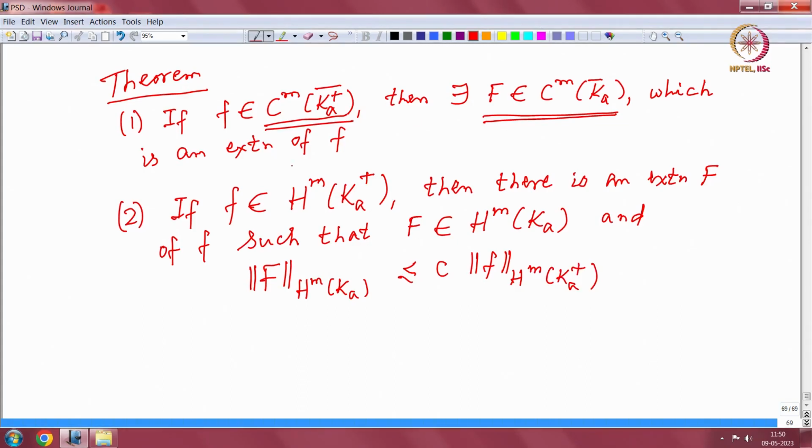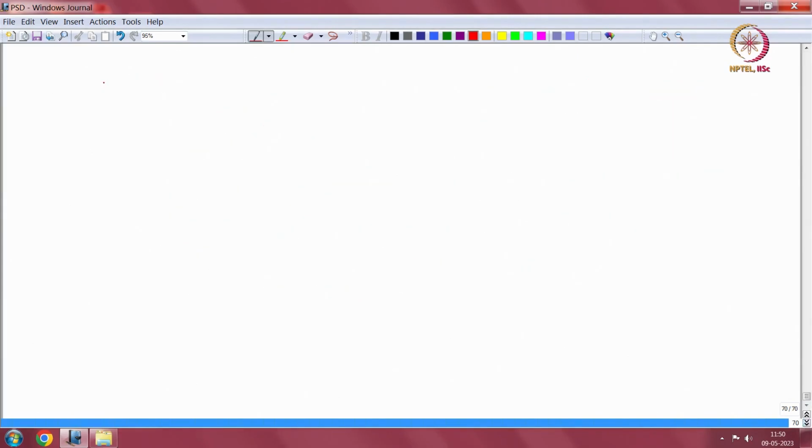Okay. So, the first one, the smooth class. So, let me just prove. So, there are many computations. So, you should do that. So, let me just draw this. So, this is x_n equal to 0. Okay.